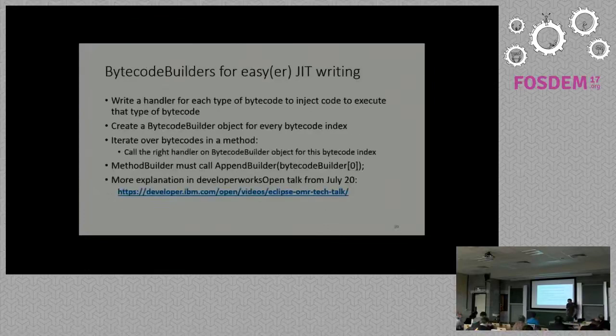And one last thing about this is most of the JitBuilder stuff is very generic. So you could use it for anything. You could go write your own little program to do whatever you want. But to make it easier to do interpreters, which is the focus of what we're looking at, we've gone a step further and created this bytecode builder or opcode builder, depending on your runtime, which handles a lot more of the flow for you, because some bytecodes like jumps and gotos can sometimes fall through or go somewhere else.